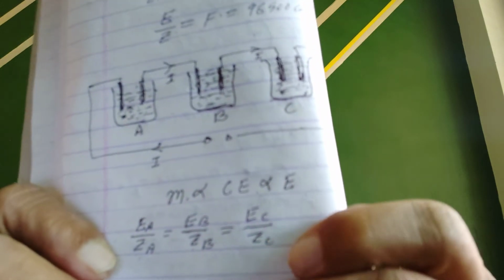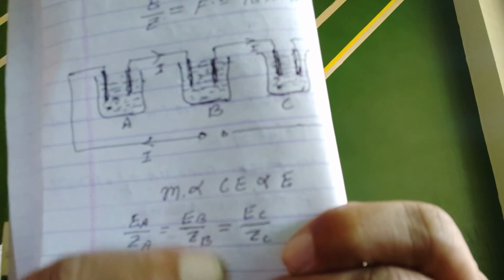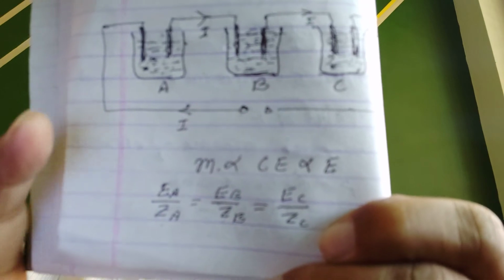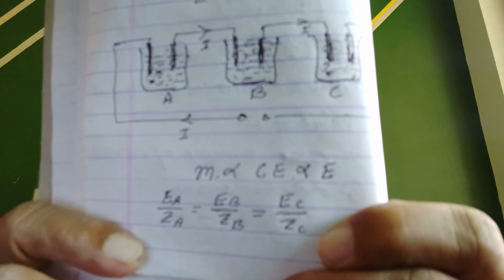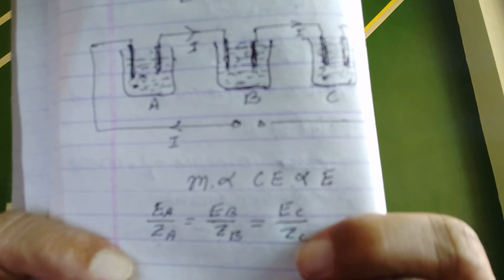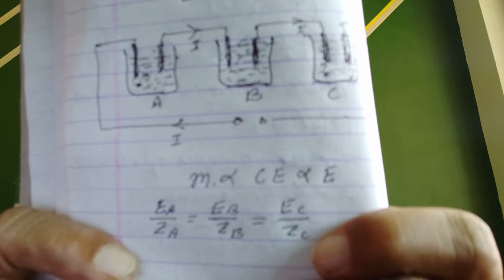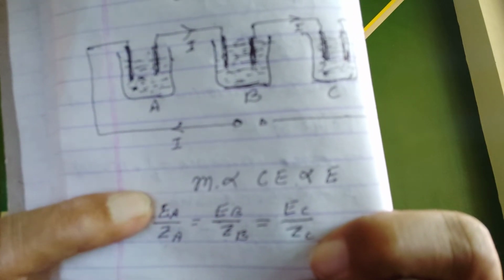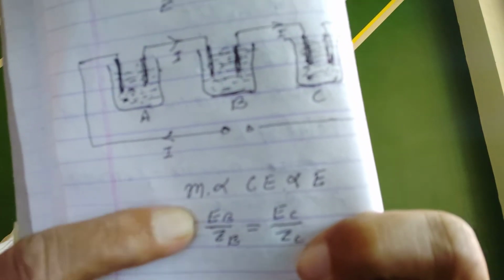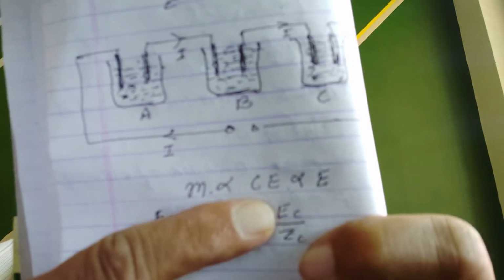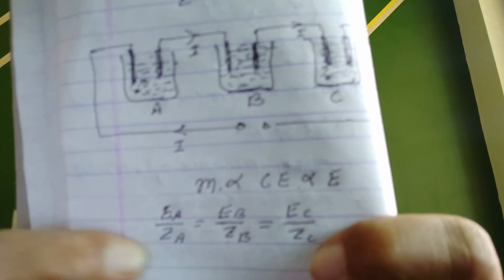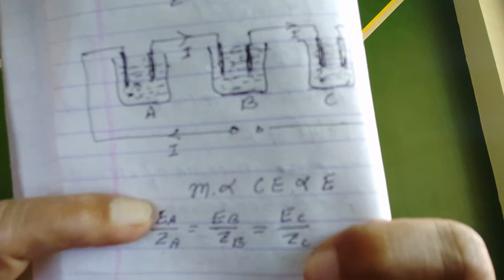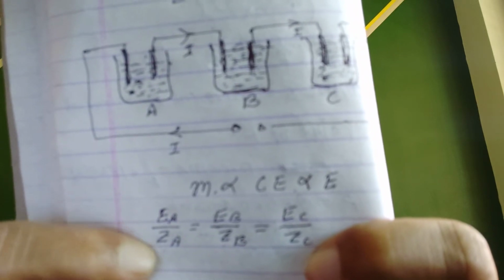If you put it in this particular format, then we relate electrochemical equivalent with chemical equivalent. So the electrochemical equivalent of the substance divided by the chemical equivalent of the substance gives these equations: EA upon ZA, EB upon ZB, and EC upon ZC. Where, as I have told you, it is the electrochemical equivalent divided by the chemical equivalent.